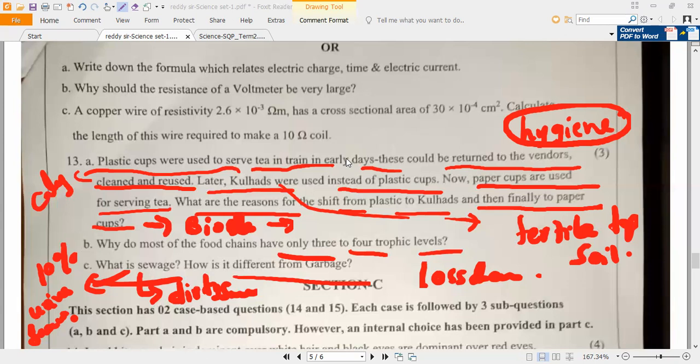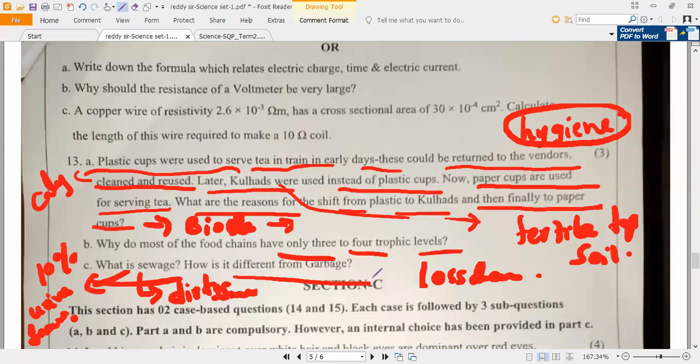But how is it different from garbage? Sewage is also a part of garbage. Garbage means the rubbish or household waste, and sewage is also an example of garbage. Is it okay, everybody? Clear, guys? This is a one mark question, so we need not write a paragraph answer here.